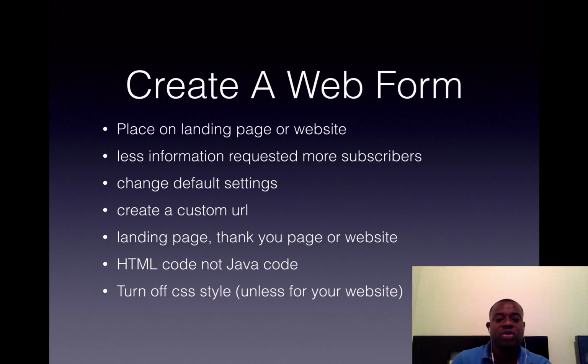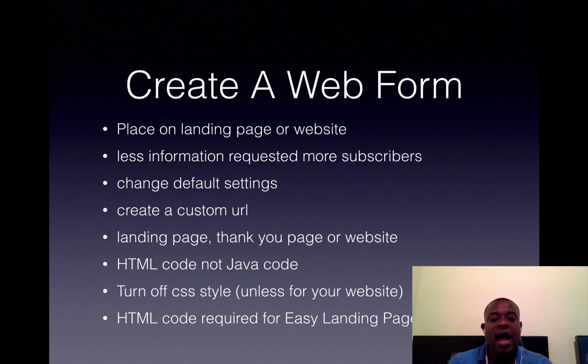Now, you turn off the CSS style, and you really don't need it. I don't know what the use is for, but all you've got to do is turn it off, and I'll show you exactly how to go about this. And then HTML code is what is required for your Easy Landing Page Pro, and I'll show you exactly how to go about it. So that's just it for that.